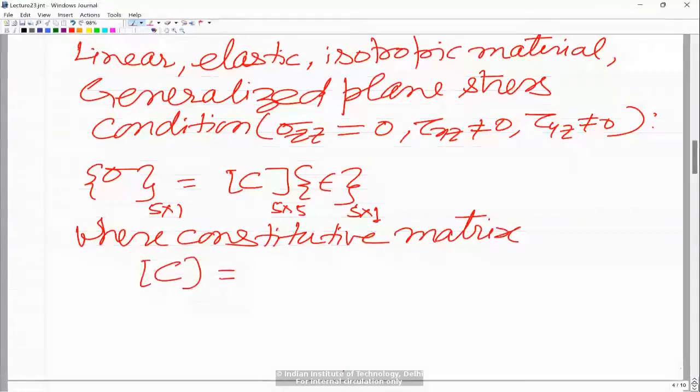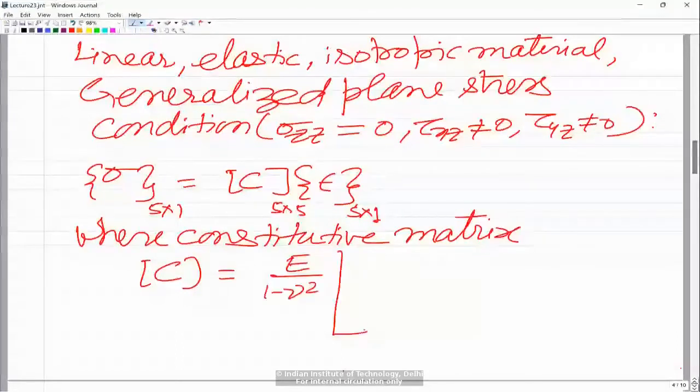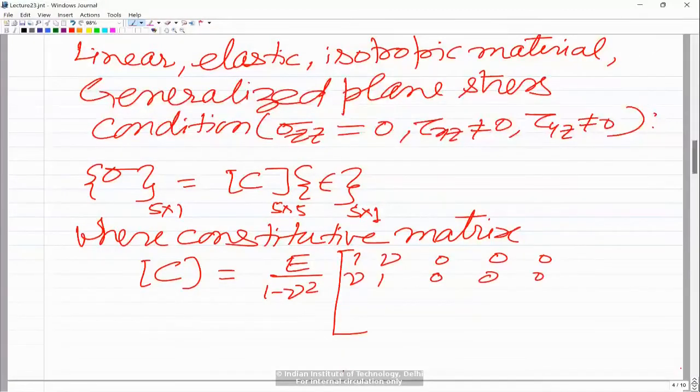If you recall, we had E upon 1 minus nu square, and then we had the 1 nu. But now there are 5 components. Three are shear, and in an isotropic material there is no coupling between shear and normal, so I put 0 there, and then this is nu 1, again 0 0, and then there is no coupling between the various shear components. So we get 1 minus nu by 2.